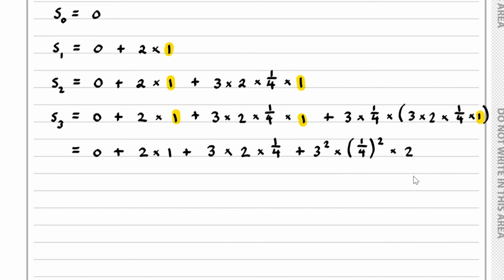So can we spot any pattern? Well, here I've got 3 to the 1 times by 1/4 to the 1. So if we rewrite this, we can say we've got 0 plus, well, we could rewrite this as 3/4 to the 0 times by 2.